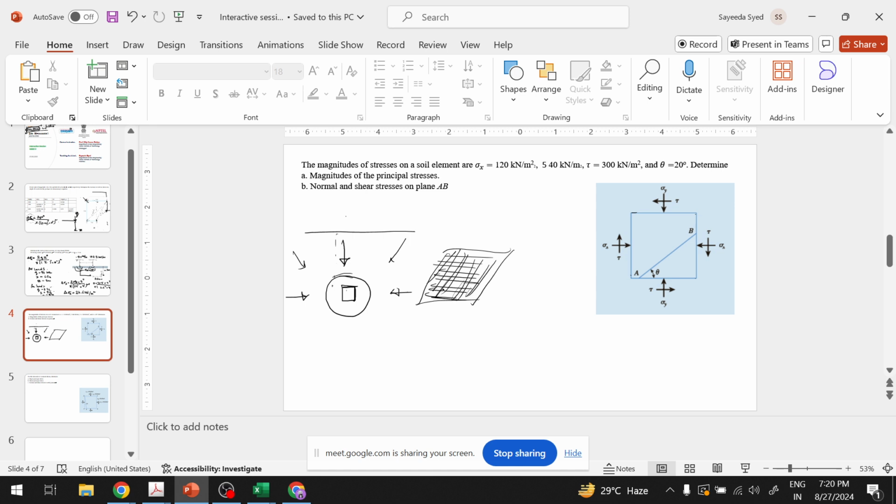When you try to pull it diagonally, you will get this type of shape for your fabric, isn't it? So you are applying shear stress to your fabric because the strength of the fabric is in this direction, isn't it?